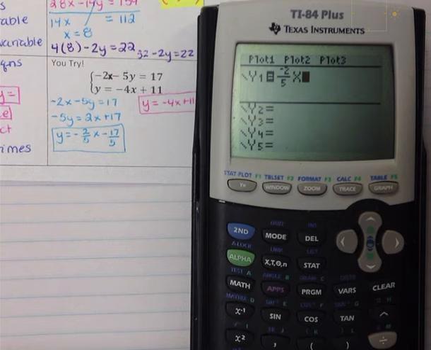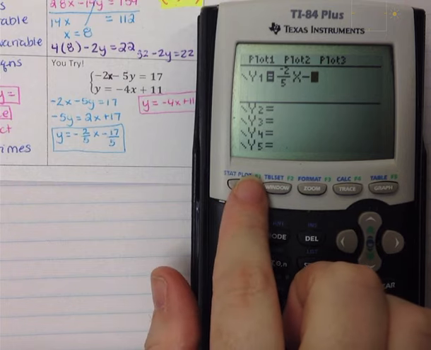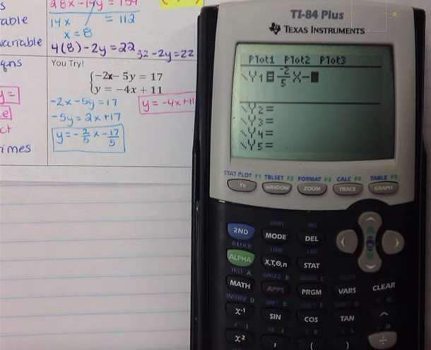But if you do not have that, you can always put fractions in parentheses. Parentheses you use with fractions. So then you would press minus, and again, if I don't have that alpha y equals, the F1, then I'm going to use parentheses. So I'll put parentheses 17 divided by 5, close parentheses. It does the same thing.